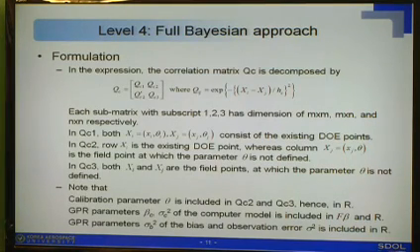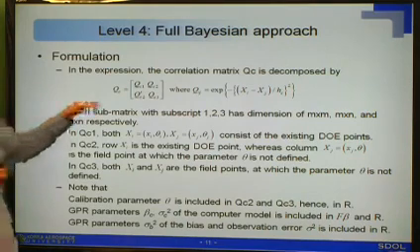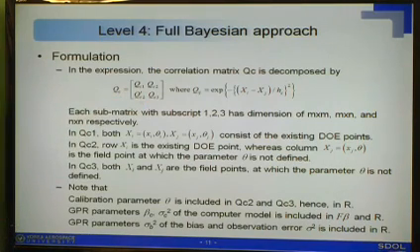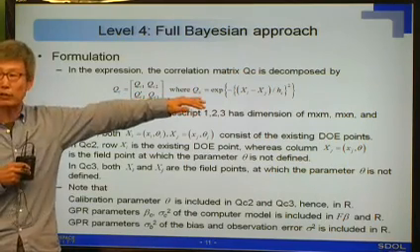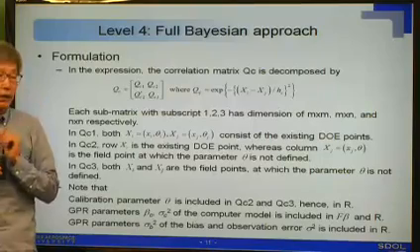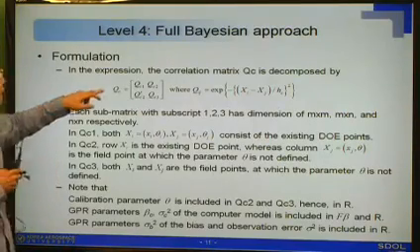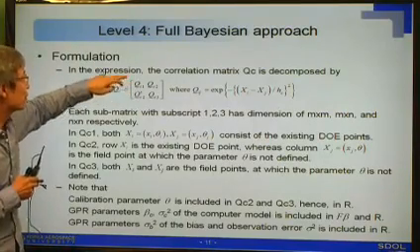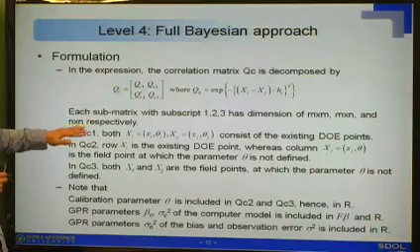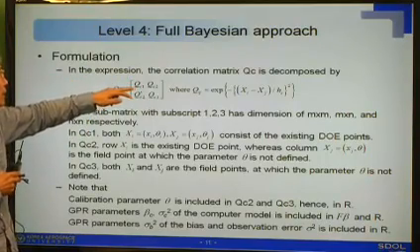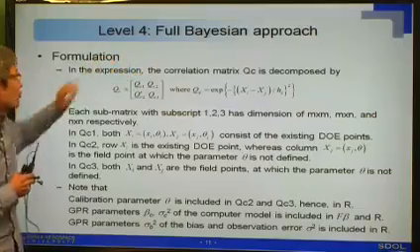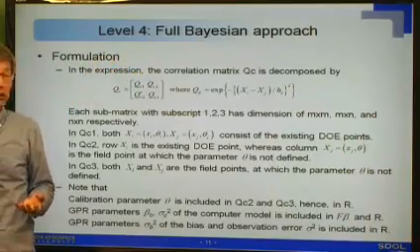In terms of the implementation, we need to pay special attention to this parameter, the QC. QC is the correlation matrix between any 2 points. When it is here, the part with the m by m, this is the region of the computer model output.